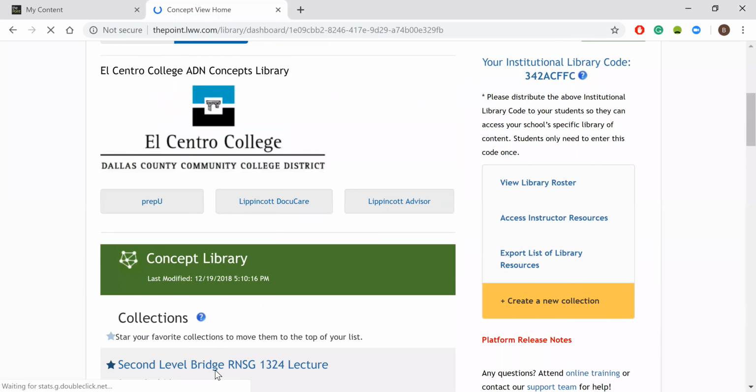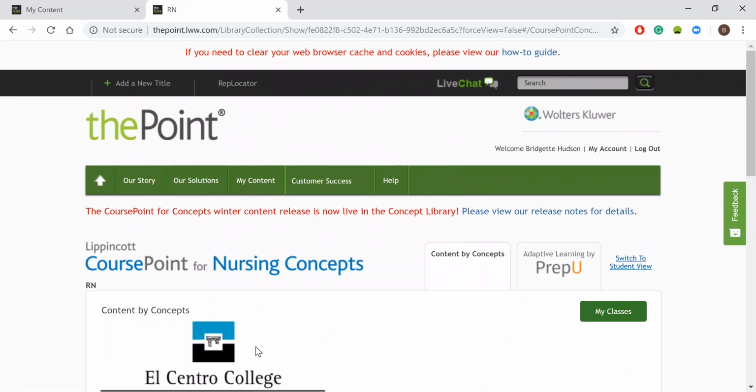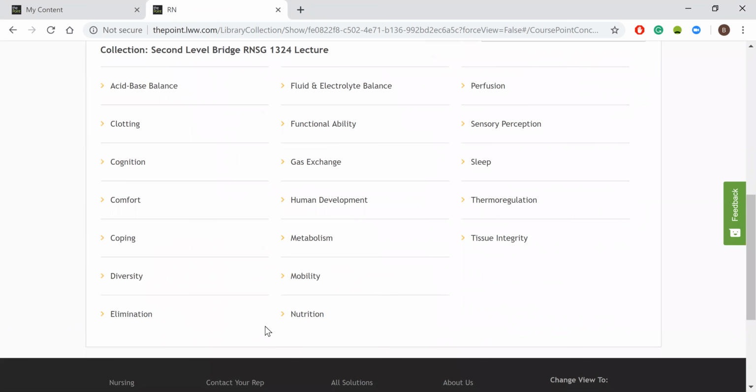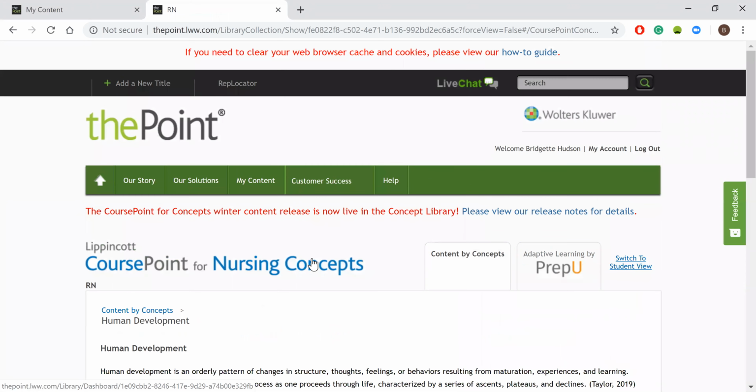All right, so under concept view, you'll see your course, second level bridge, and then this should pop up. Have you guys seen that? Yes. So we'll go to human development.